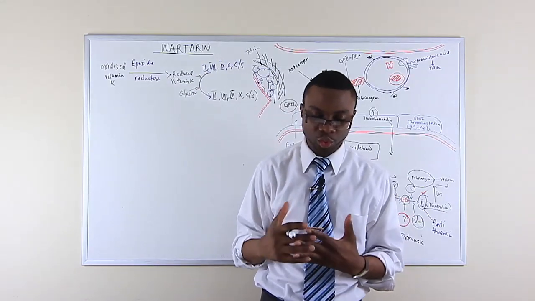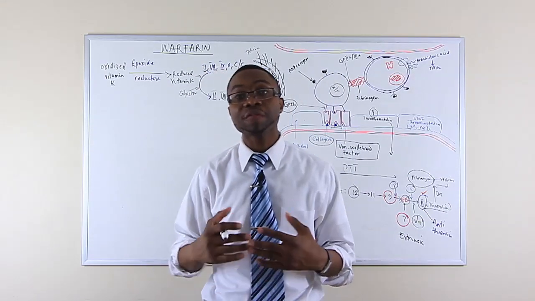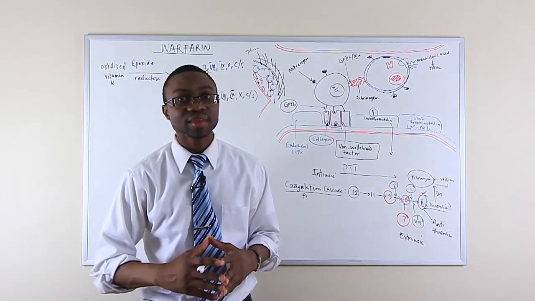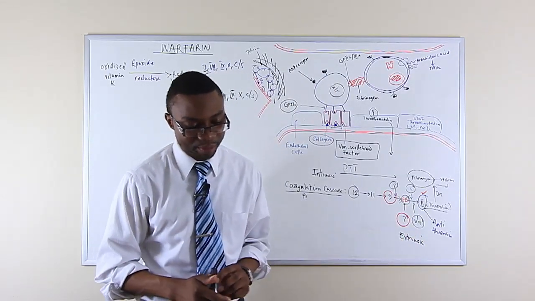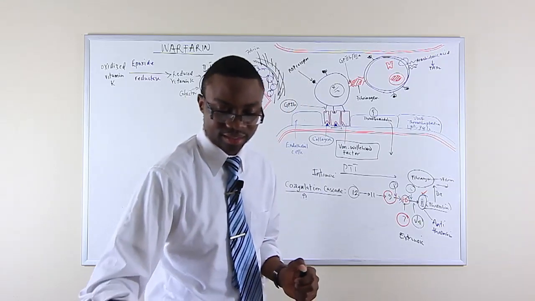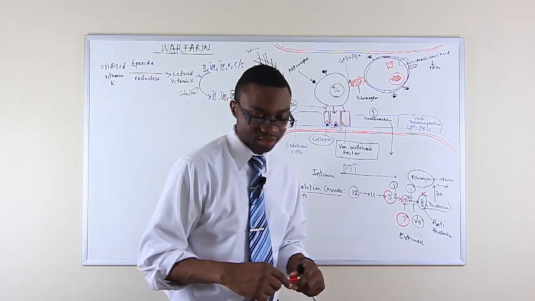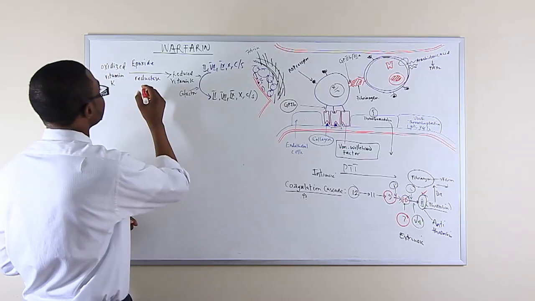They become more mature. Now, where warfarin kicks in is warfarin is going to inhibit epoxide reductase. Warfarin inhibits epoxide reductase.